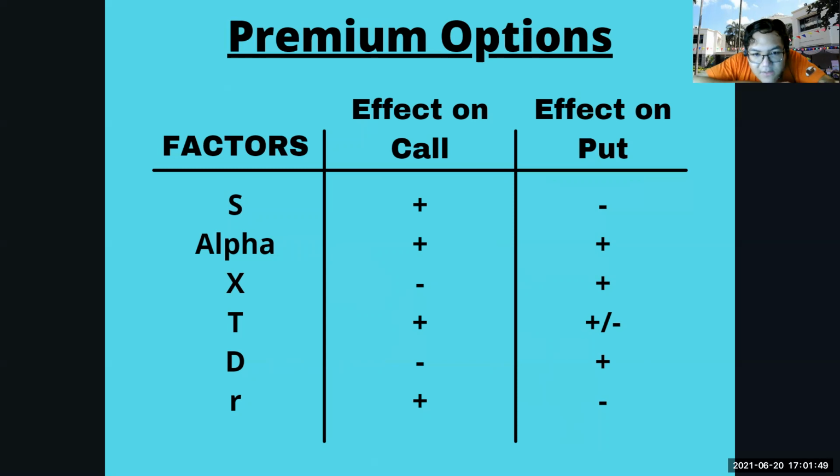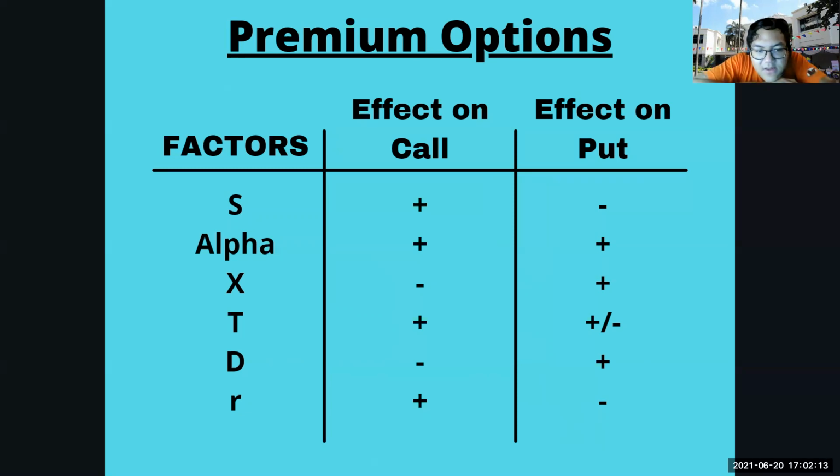The alpha, both call and put, have a positive impact. For X, the call is negative and the put is positive. For time, I don't know if I'm correct, the effect on call can be positive, but on put it can be either positive or negative.